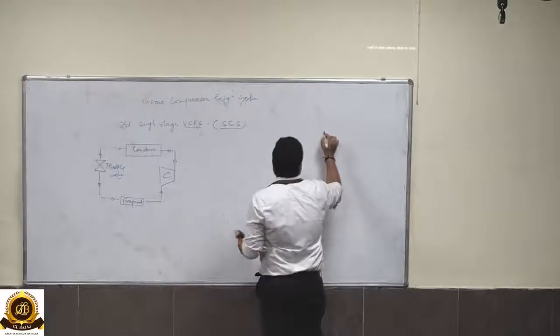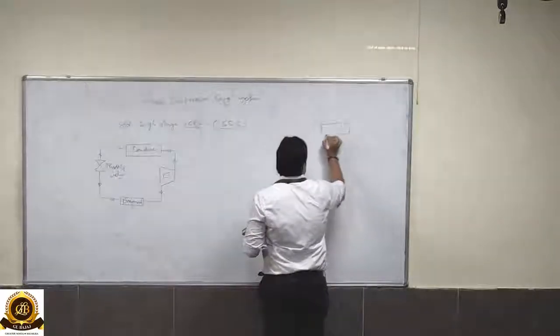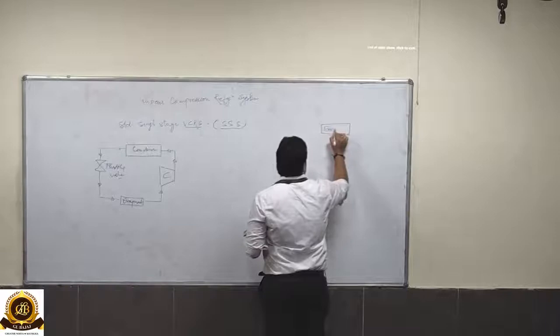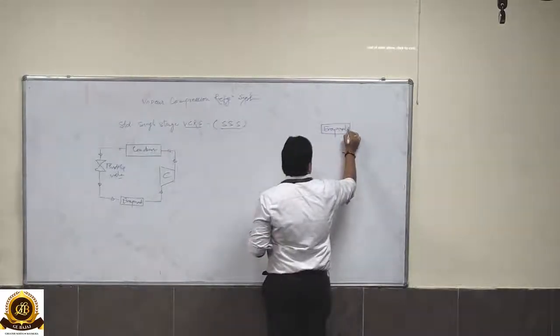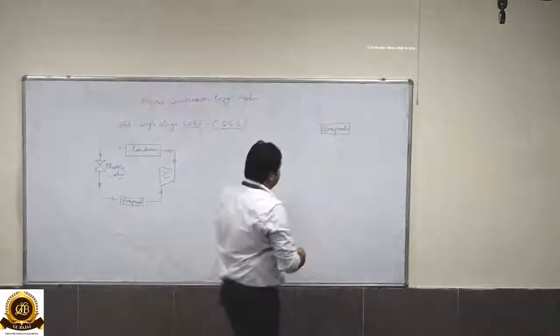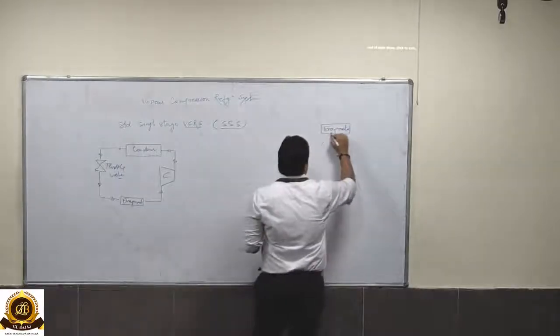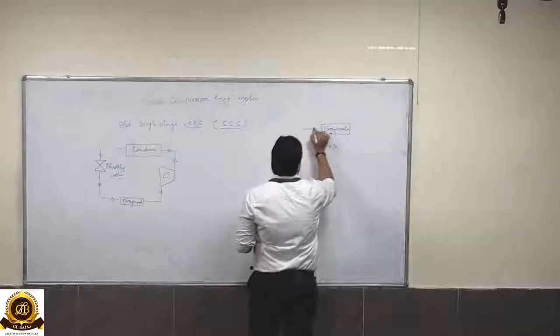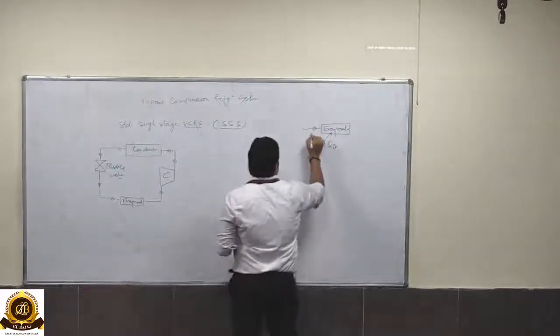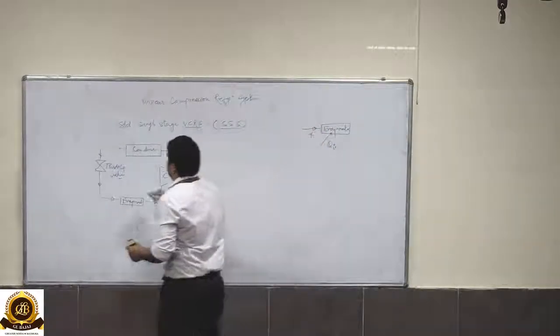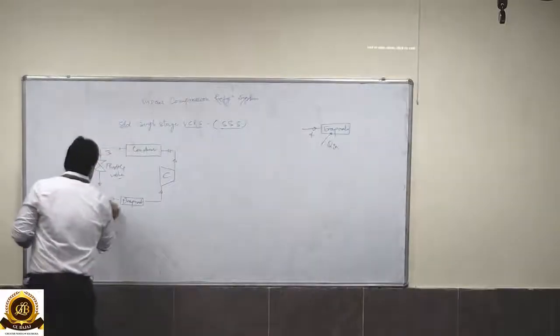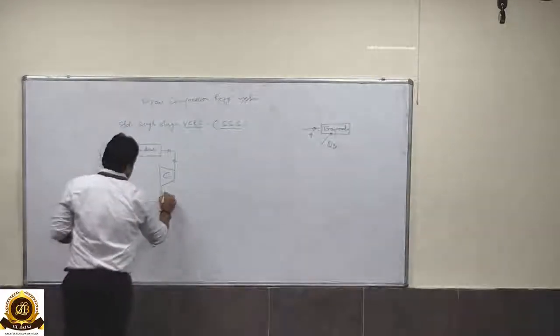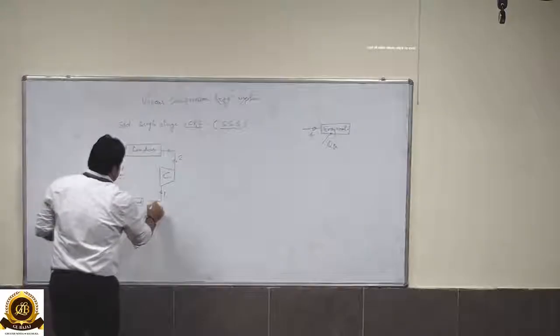First of all, we are taking the evaporator. Evaporator is a heat exchanger. Here heat addition takes place and stream 4 is entering and the exit is stream 1.